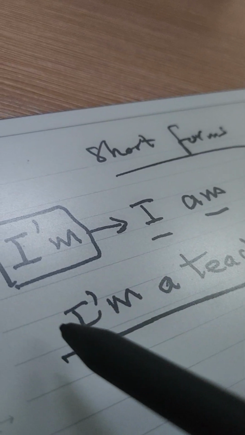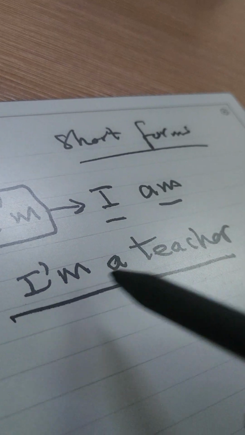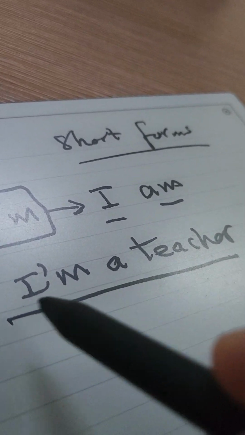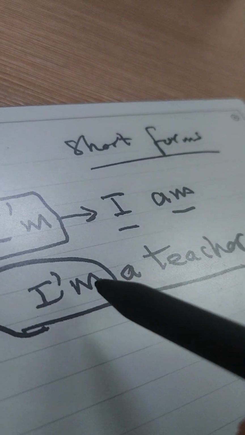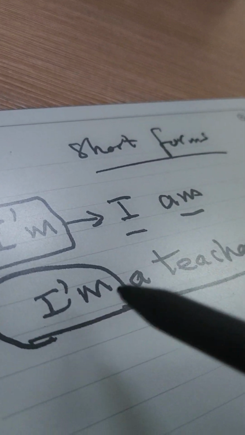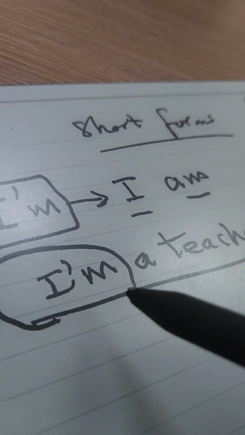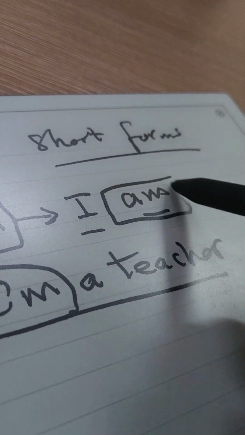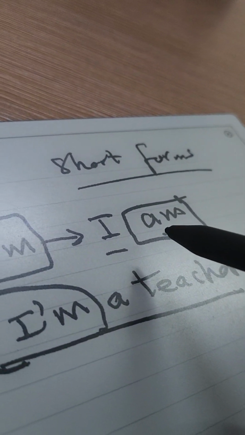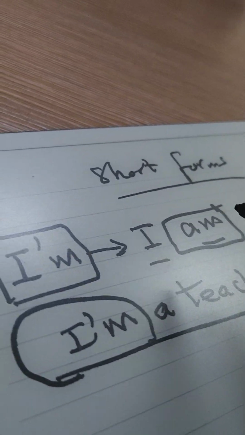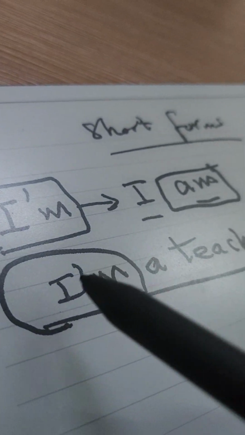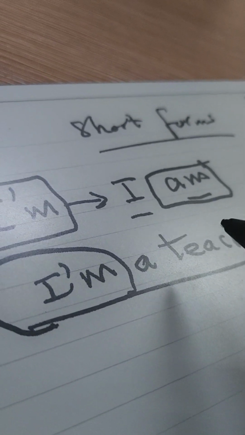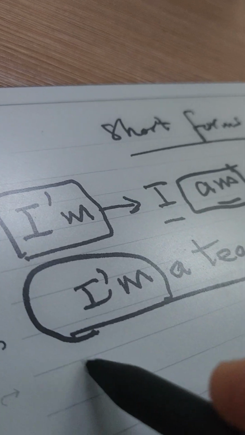That's wrong. I'm a teacher. I'm a student. Not I am or I am. That's wrong. This is not correct pronunciation because am is a weak form. So no stress, unstressed. So you have to say I'm a teacher. That's good. So what about that one?